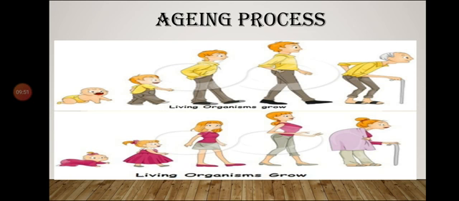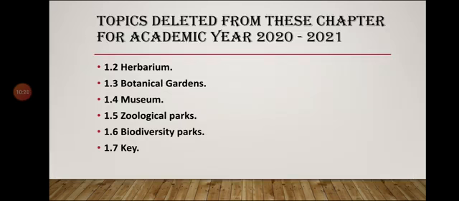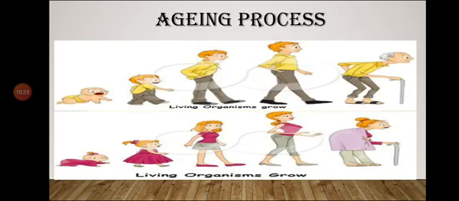So we have studied the different characteristics of living organisms such as metabolism, growth, reproduction, aging process, cellular organization and consciousness. These are all the characteristics of a living organism that differentiate living organisms from non-living ones. So up to here you have to study this chapter.